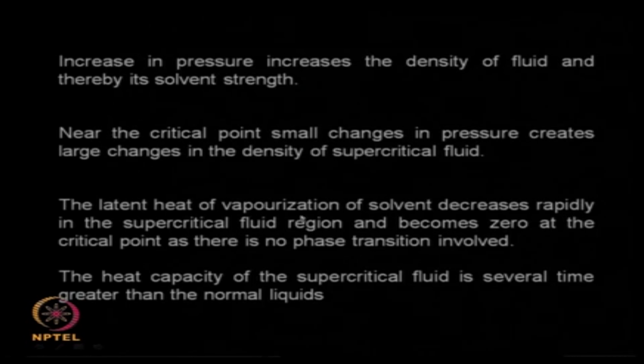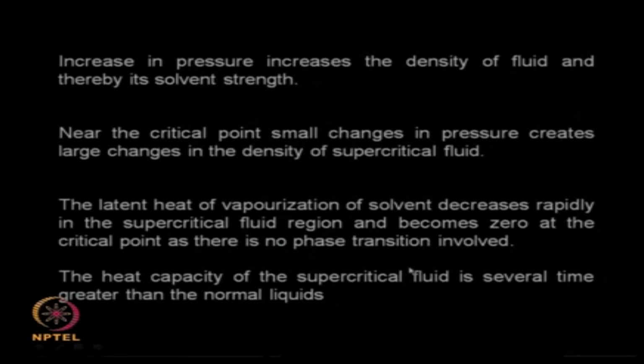And also the latent heat of vaporization of the solvent decreases for a supercritical fluid and almost becomes 0 at the critical point, because there is no phase transition. That means it is not going to move from one phase to another. That is why the latent heat of vaporization becomes 0.